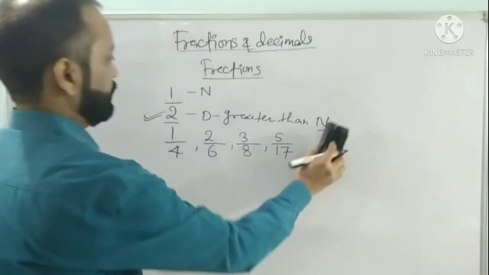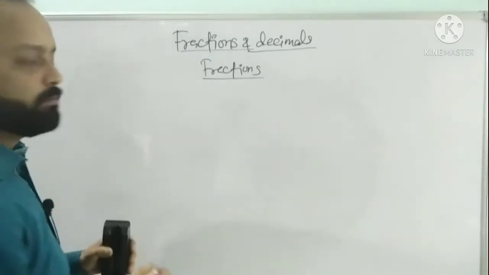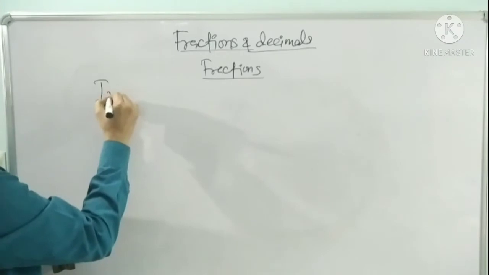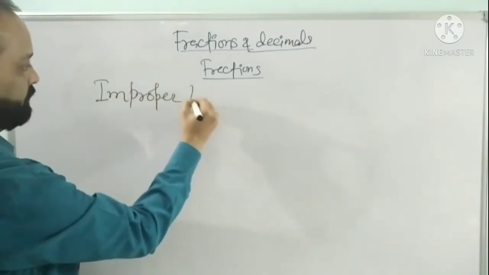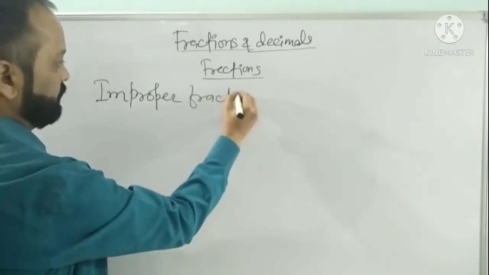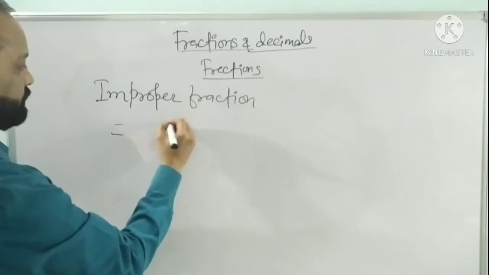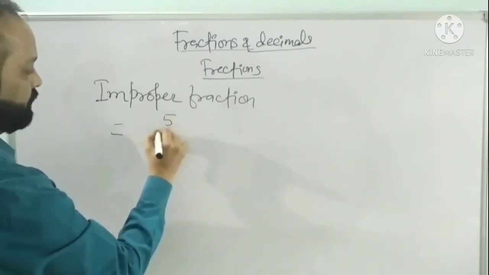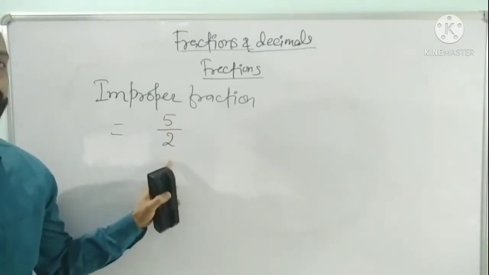Now when we talk about an improper fraction, you can see the example 5 upon 2.